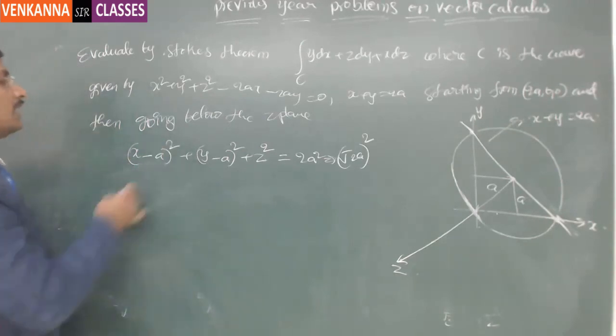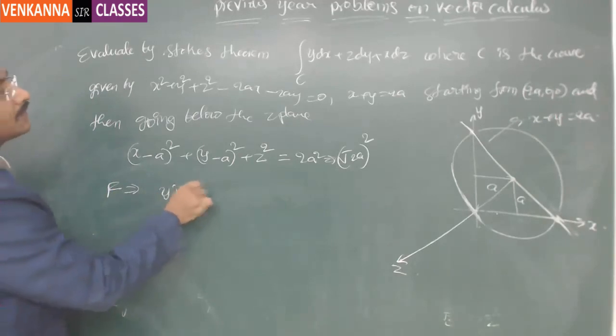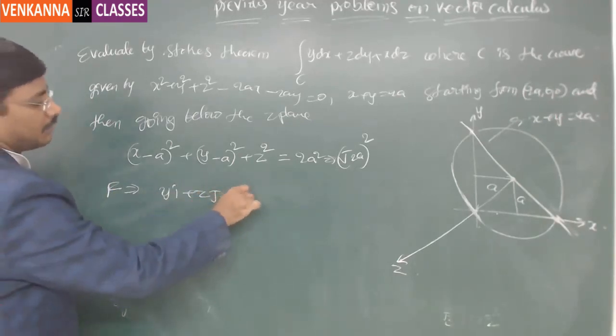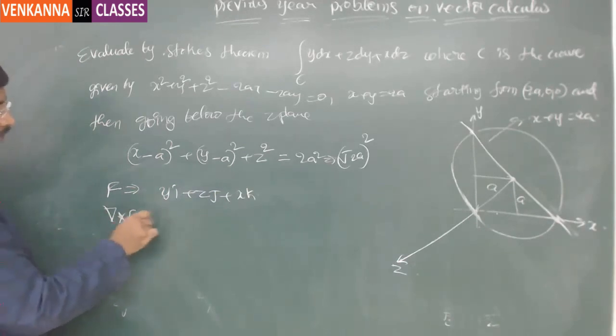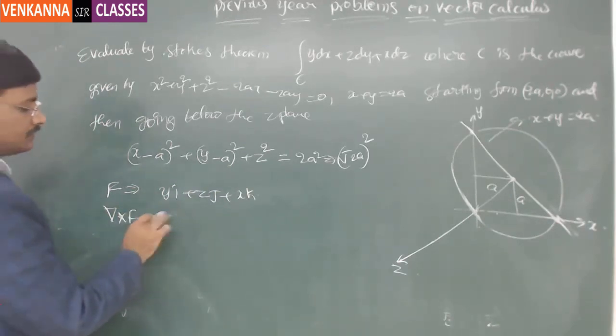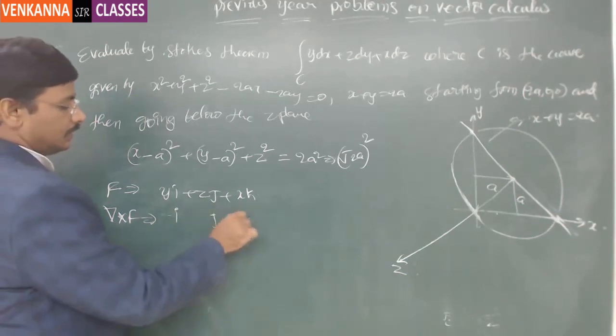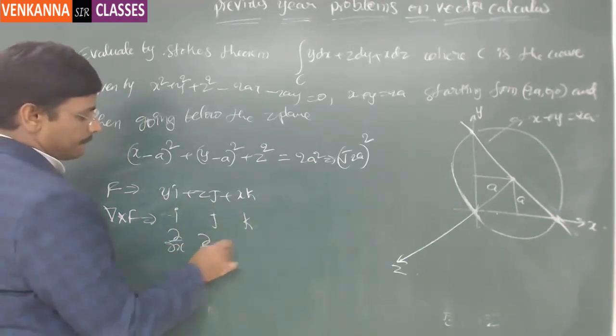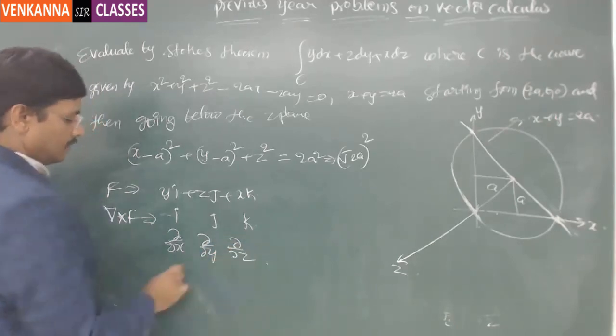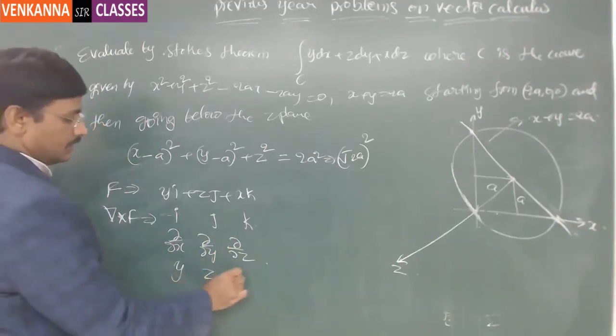Now you can identify the value of F. F is nothing but y i plus z j plus x k. And the del cross F value you can find out. So del cross F is nothing but the determinant of i, j, k, dou by dou x, dou by dou y, dou by dou z, and y, z, x.